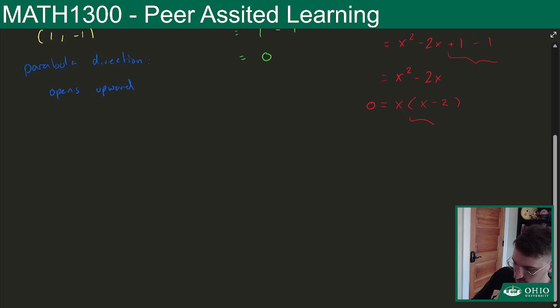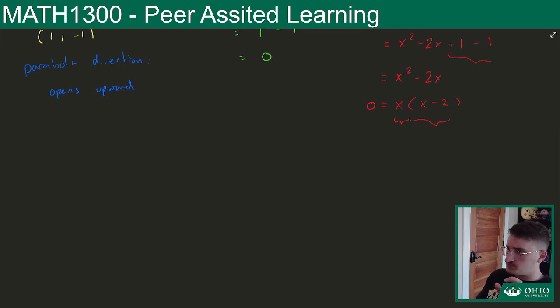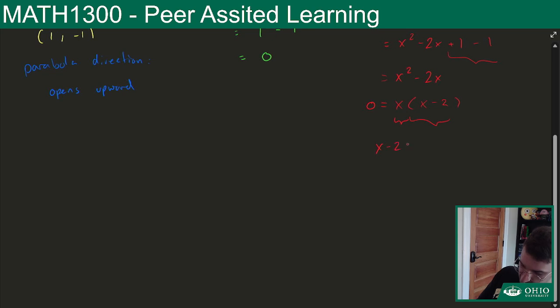We can analyze this term individually and this x individually, solve those individual portions equal to 0, and we will get zeros for the whole function. So what does x minus 2 equal to 0 give us? With some pretty simple algebra, we can see that x equals 2 in this case. So 2 is a zero for our function. Even simpler, if I just directly set x equal to 0, I don't even need to solve. I just know that x equals 0 is, again, a zero of our function.